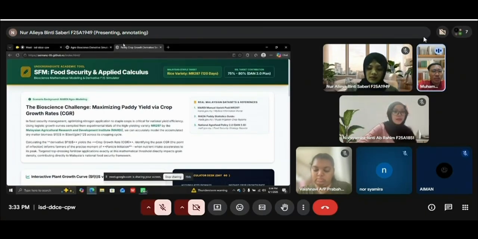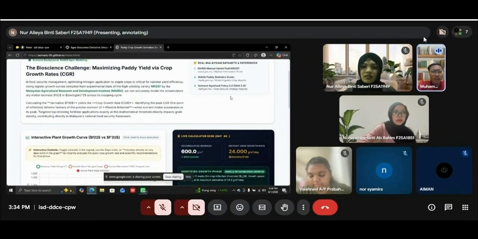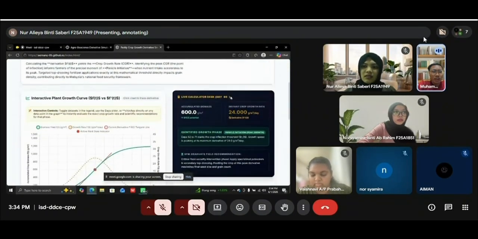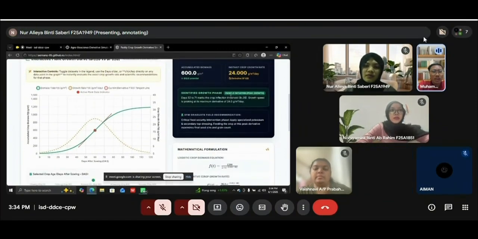The bioscience problem centered in this project is the optimization of crop yield through the mathematical modeling of biomass growth rates. Specifically, we focus on a high-yield Malaysian rice variety over its standard 120-day cropping cycle. Using historical data, we track the accumulated dry matter biomass, denoted as F(t) in grams per square meter, using a logistic growth curve.